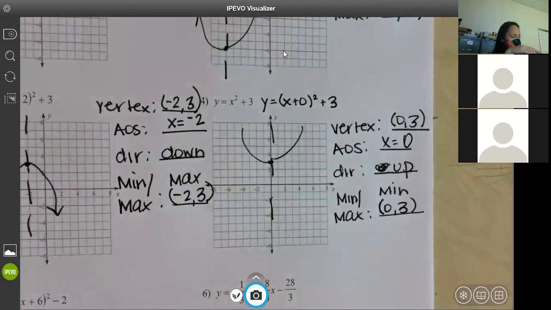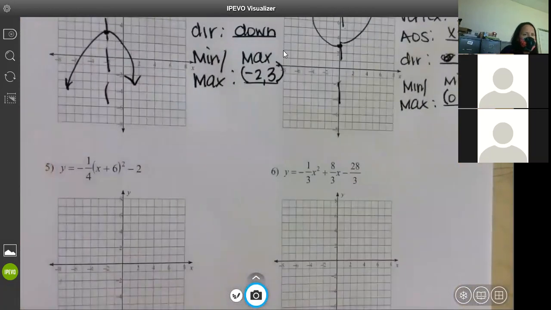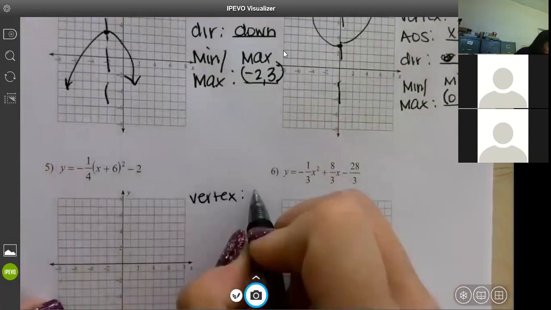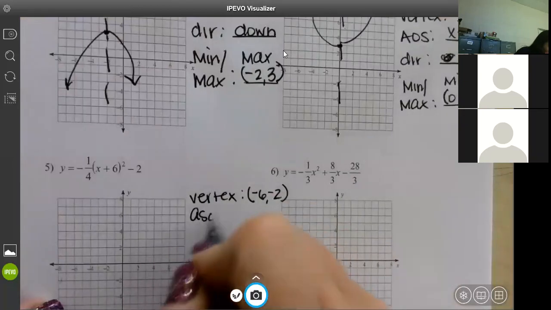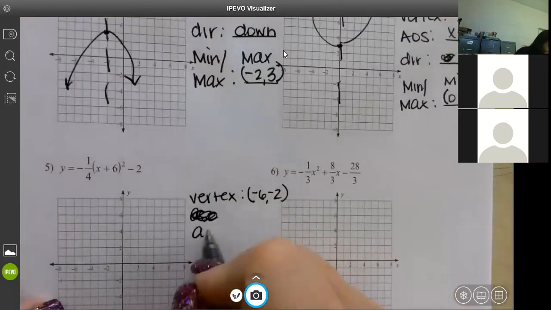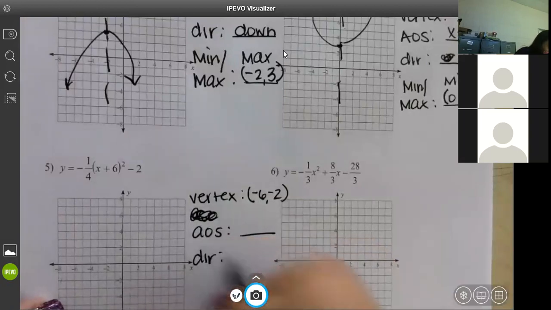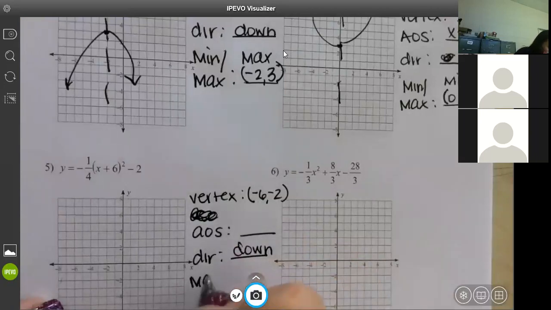Number 5 is also in vertex form. So what's your vertex? -6, -2. Perfect. Symmetry. Direction? Down. Max or min?